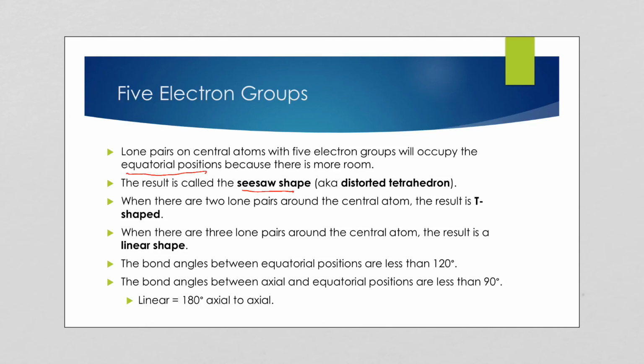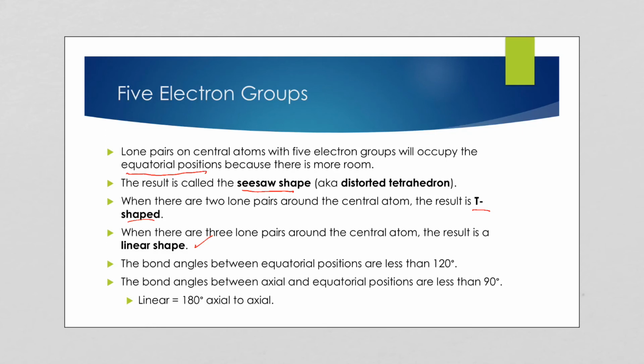If we have 2 lone pairs, so 2 of our equatorial positions have lone pairs, we have what's called a T-shaped geometry. And if all 3 equatorial positions are lone pairs, then we just have the 2 axial positions, and we call that a linear molecular geometry. Now, the angles, of course, will be affected here.